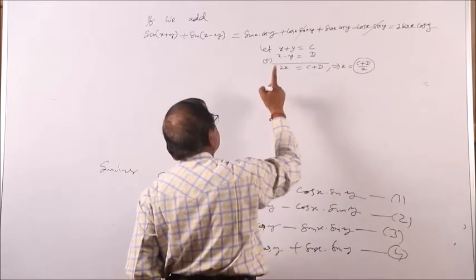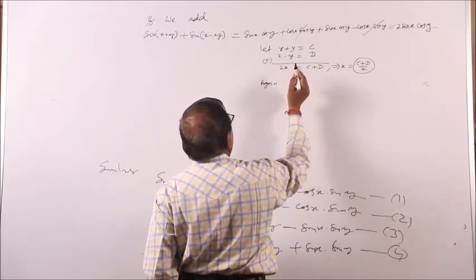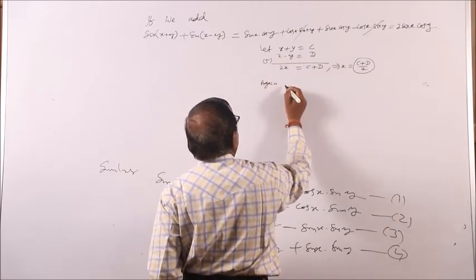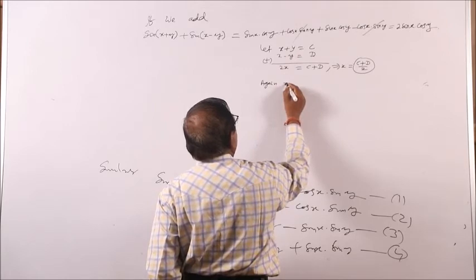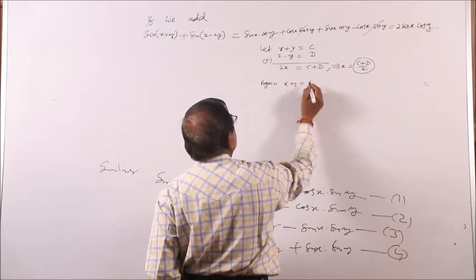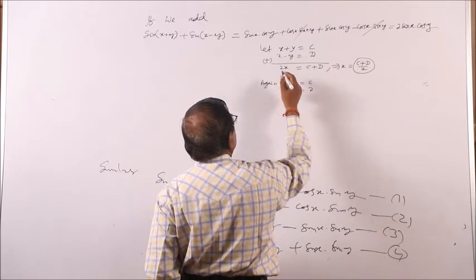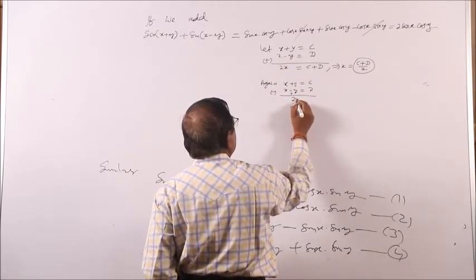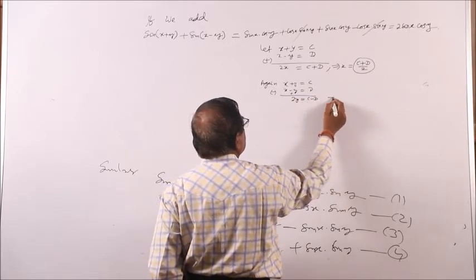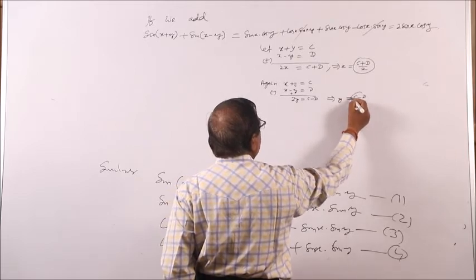And if you subtract these two, what will happen? Here x plus y is equal to c, x minus y is equal to d. Here I have added, here you subtract, what will happen? This is 2y is equal to c minus d, that implies y is equal to c minus d by 2.